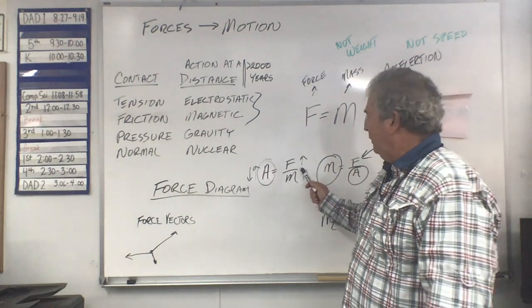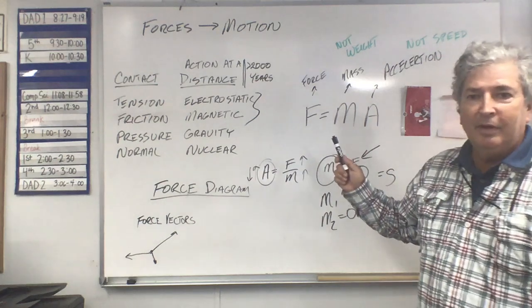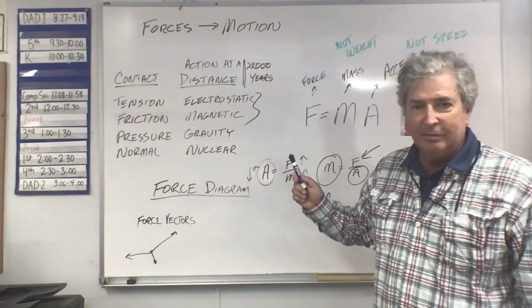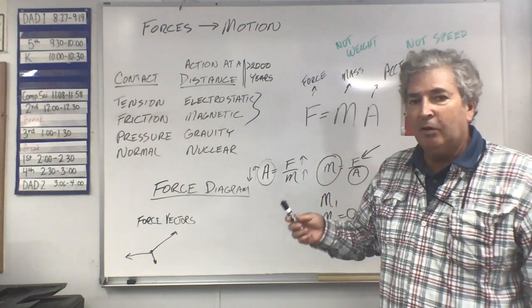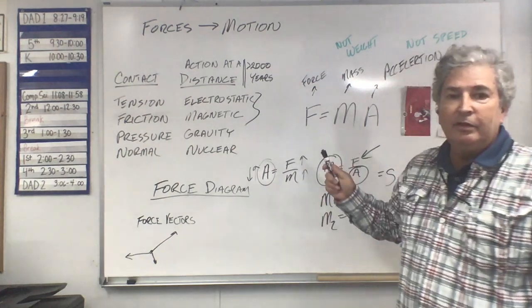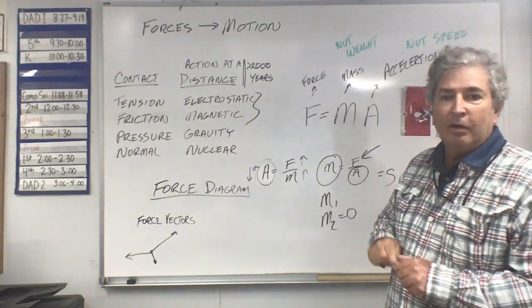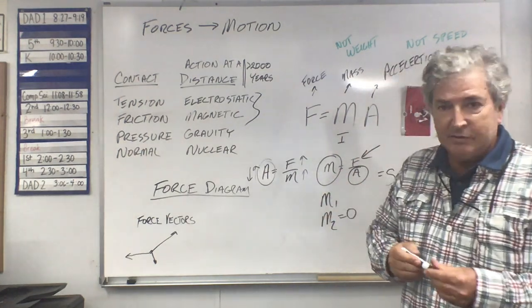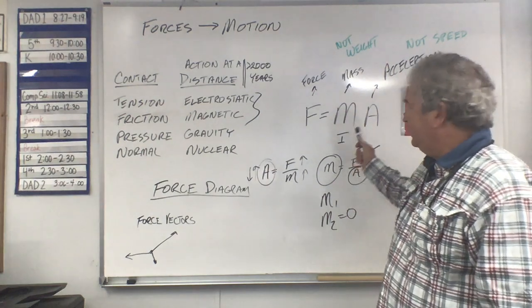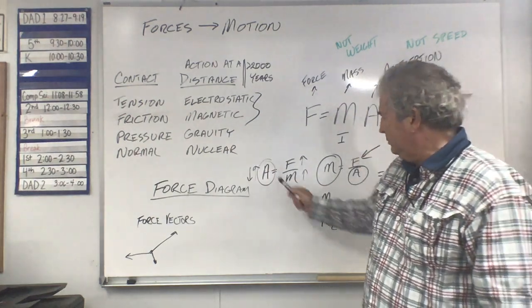So this is the element of inertia that you'll hear about. In fact, a century ago, scientists did not use the word mass. They called it inertia, which is a property of mass. It resists acceleration.